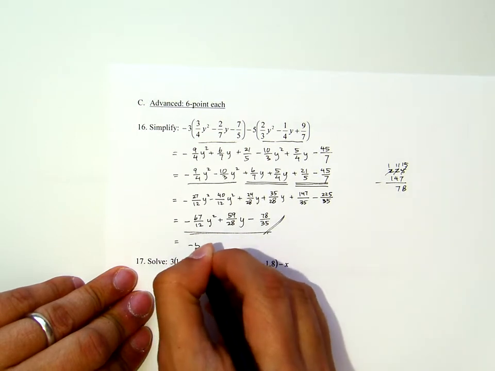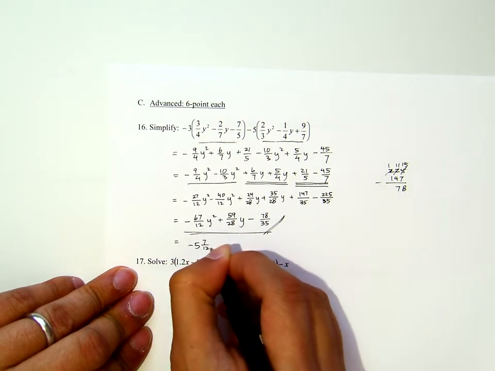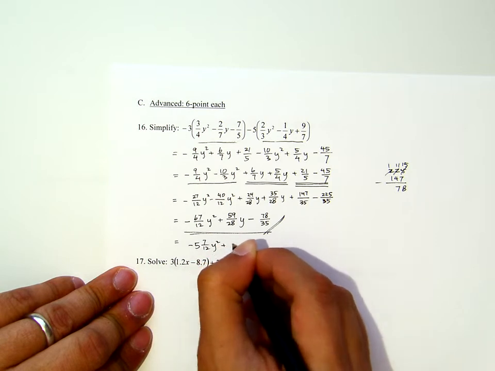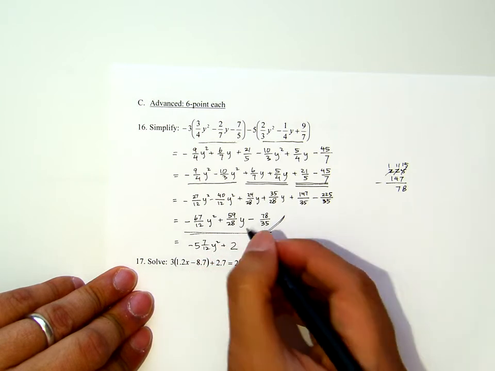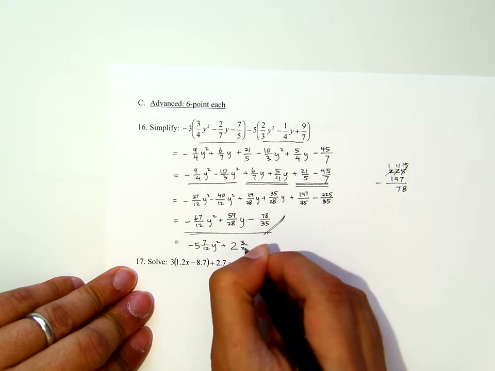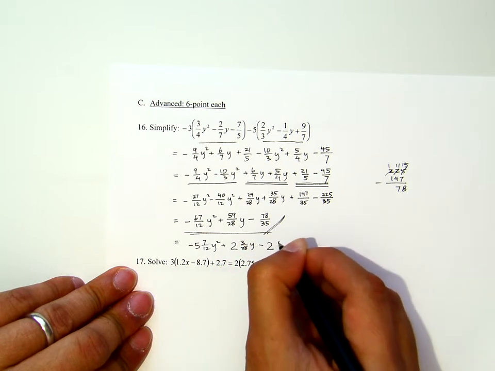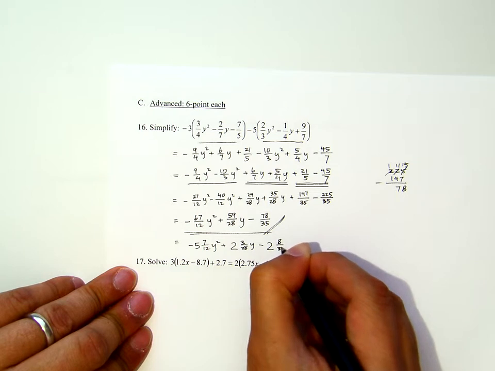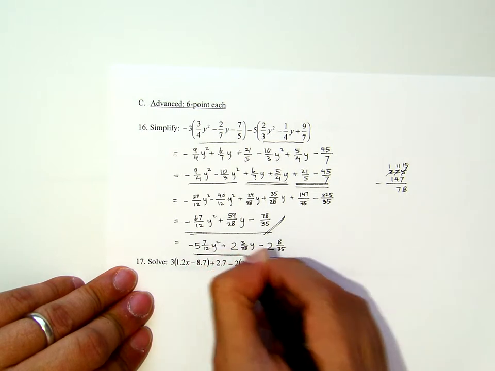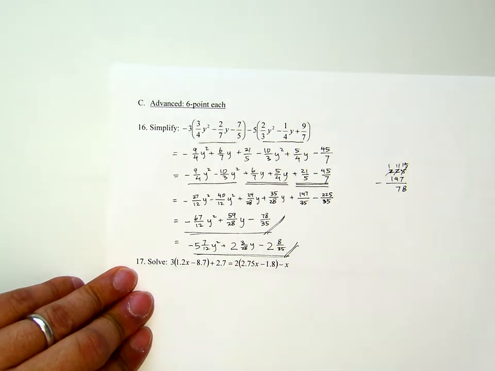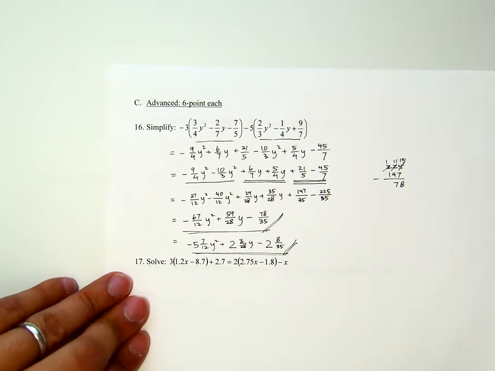That's -5 and 7 over 12 y squared, plus, I believe this is 2 and 3 over 28 y, minus 2 and 8 over 35. That's if you go on and make them into mixed numbers.